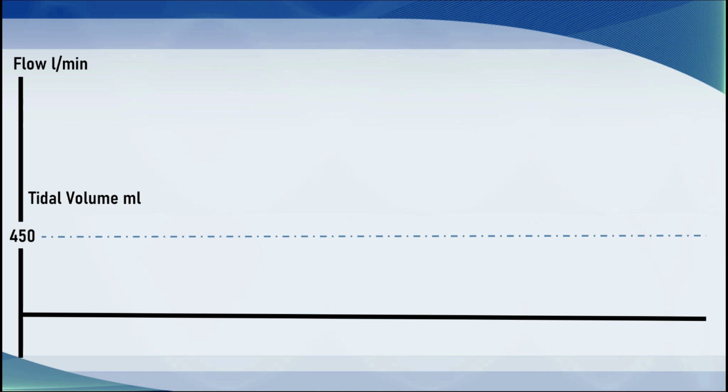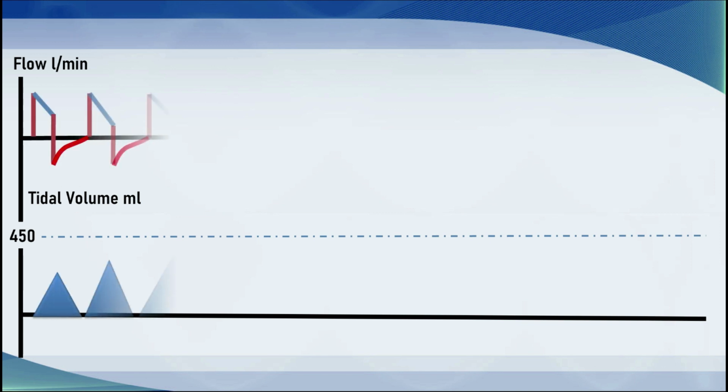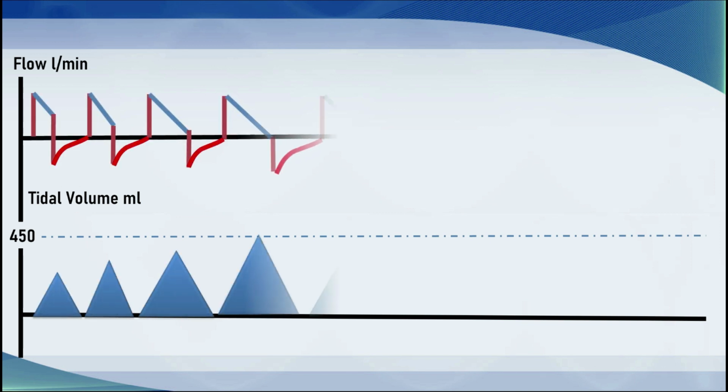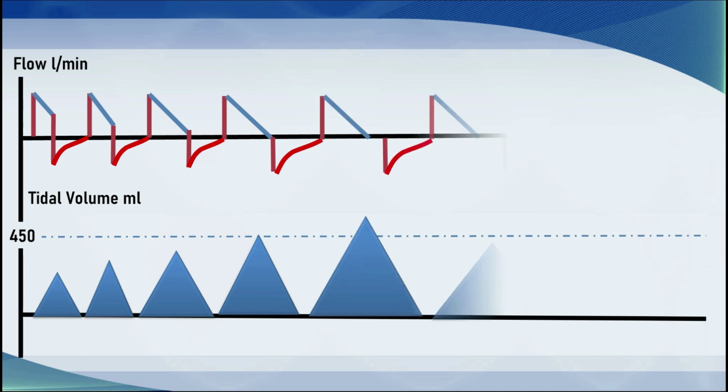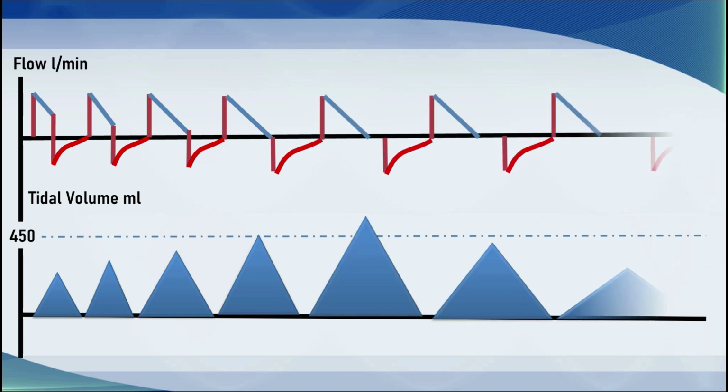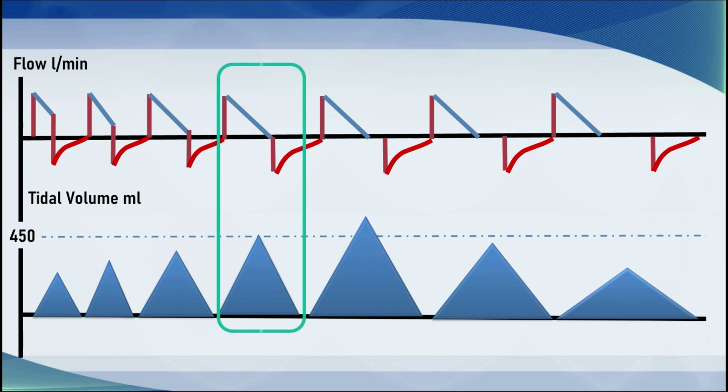Now I'm going to start with short inspiratory times, and then we're going to progressively increase the inspiratory time with a set I/E ratio of 1:2. And let's have a look at the impact on the tidal volume. So it starts off and the tidal volumes are poor, poor, poor, and then they start to improve, and then they fall off again, just like in that U-shaped curve that I showed you before.